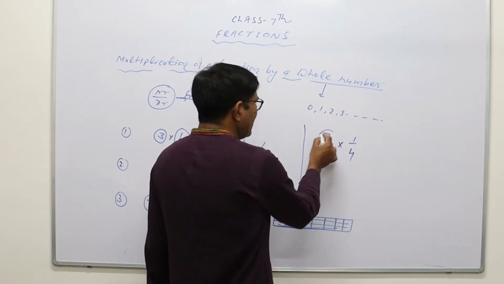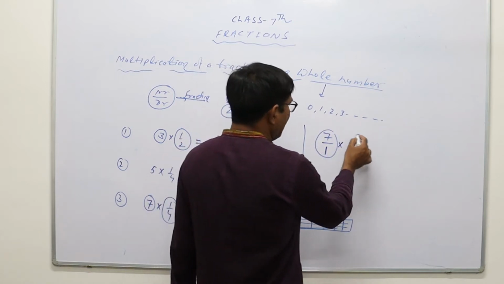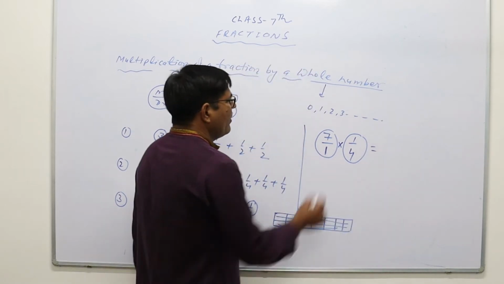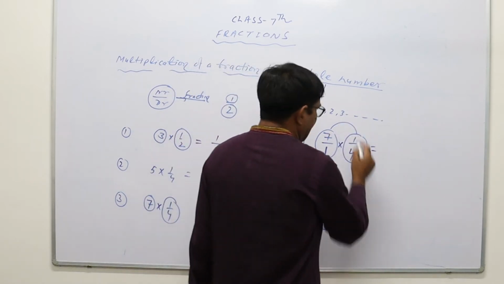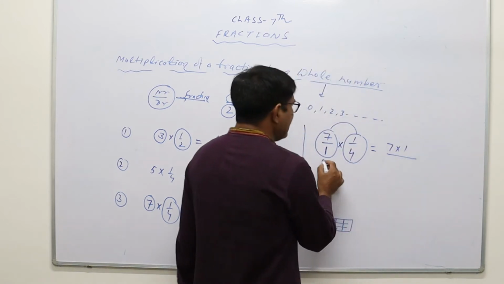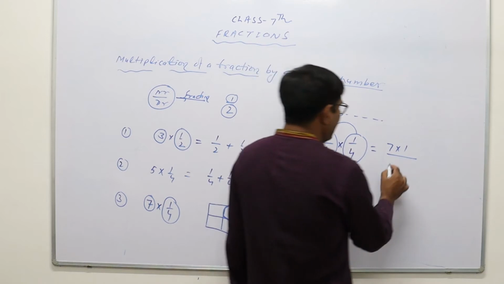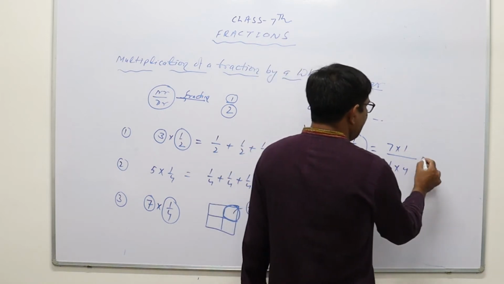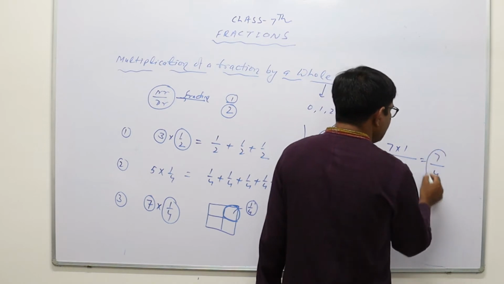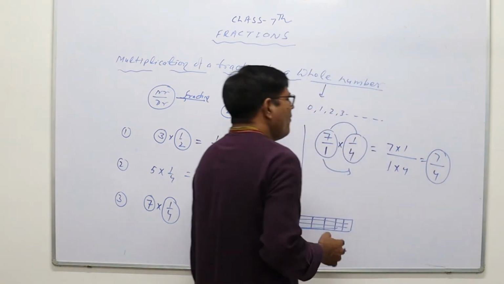Now these are the two fractions, and if we have to multiply these fractions, how will we multiply? We will multiply the numerators, so 7 into 1, then multiply the denominators, so 1 into 4. 7 into 1 is 7 and 1 into 4 is 4. So, this is 7 by 4.